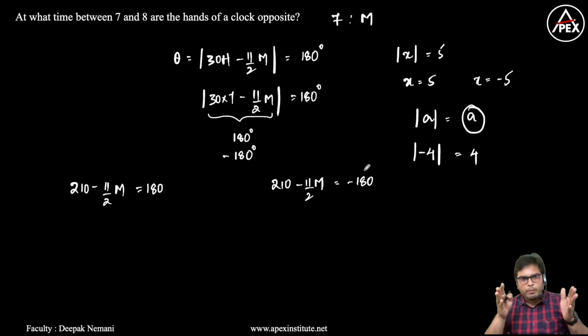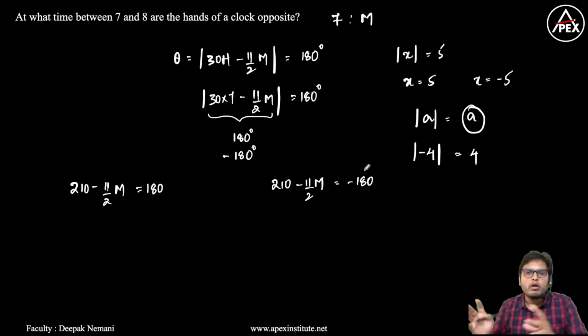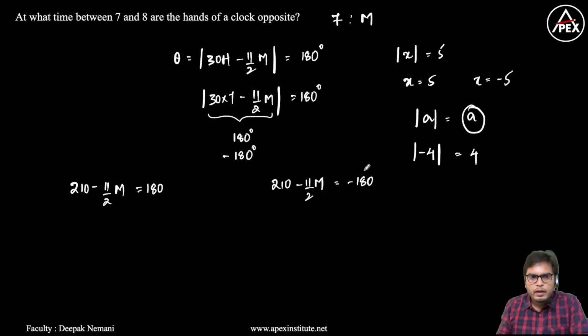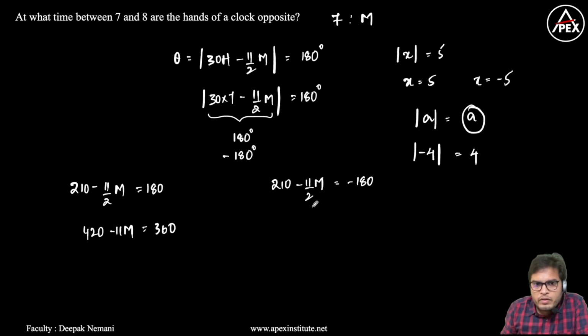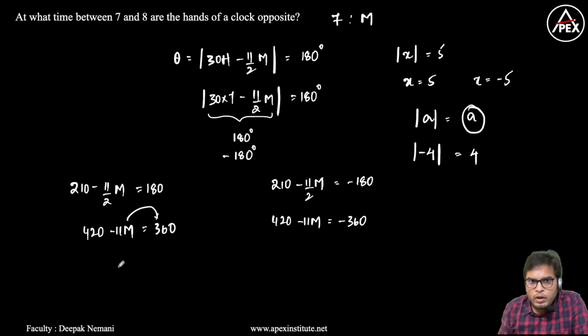So that when you apply modulus to these numbers, the outcome will always be 180. Right? Now if that's the case, 210 into 2, 420 minus 11 m is equal to 360. And here we have 420 minus 11 m is equal to minus 360.